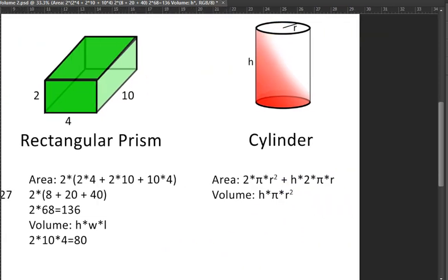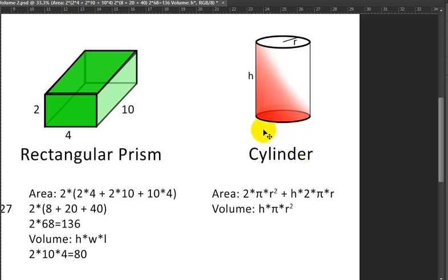Next up and last, we have the cylinder. Okay, so let's close the other two. So, the cylinder. The cylinder has two lengths that we care about.